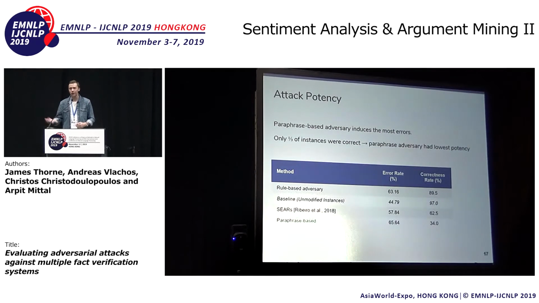Under our manual annotation, the paraphrase-based adversary was only correct one third of the time, which means that under our score of potency, it was the worst. Whereas the rule-based attacks, which were generated by humans, were correct most of the time, and had the highest potency in this evaluation we performed.